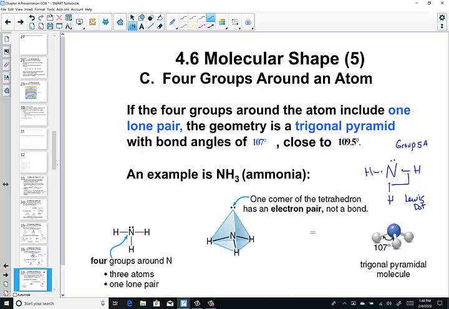So the nitrogen, the central atom, is attached to 3 other atoms, and it has 1 lone pair of electrons on top of it. See them? So I count 1, 2, 3 atoms, and also I have a set of dots. So VSEPR theory now says, instead of tetrahedral where all 4 attachments led to atoms, we've got a different structure.